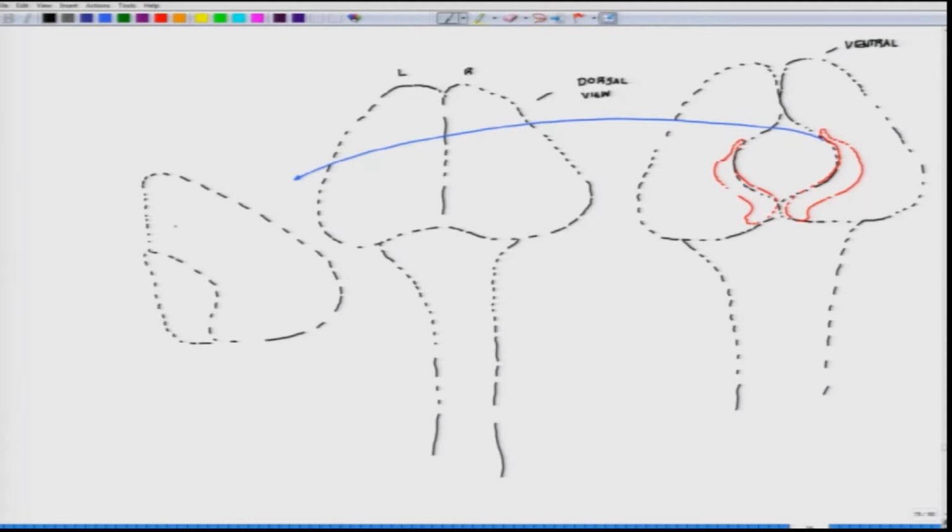Now, if you could scoop out this part of the tissue, and then the lower part, this is where this particular system will be sitting. It is fairly deeply placed inside.